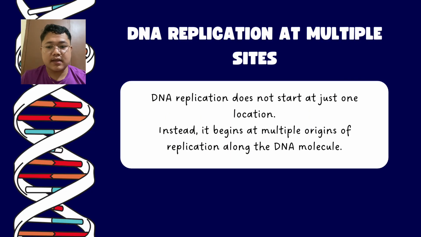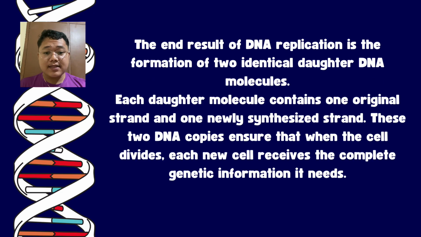Next is DNA replication at multiple sites. DNA replication does not start at just one location. Instead, it begins at multiple regions of replication along the DNA molecule. Next is the result.